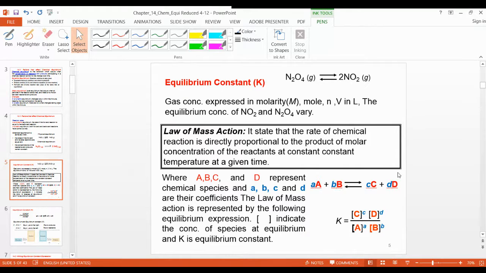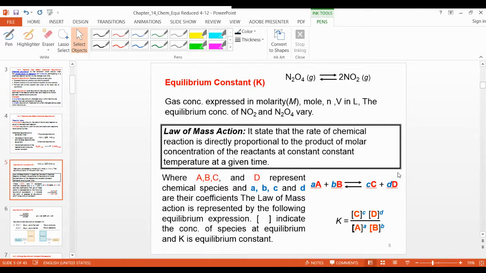Now, equilibrium constant. All chemical reactions have their constant, either acid constant or base constant, whatever you have in chemistry. So you have to write the equilibrium constant for any chemical reaction. It's not very tough, you can easily write it, but you will write it in terms of the law of mass action.